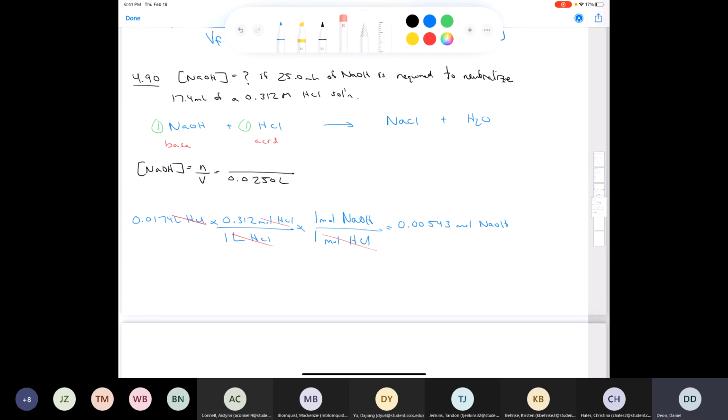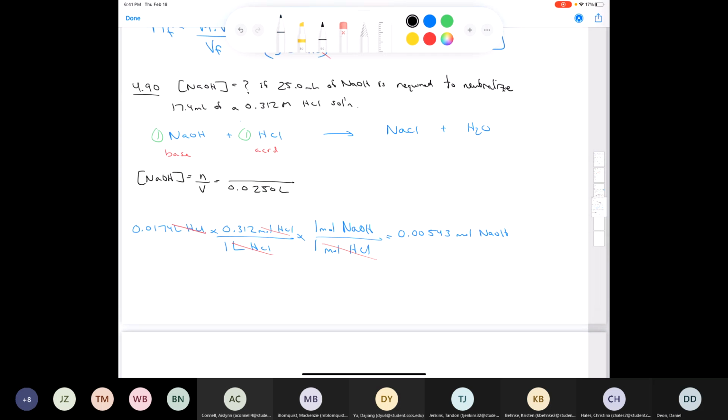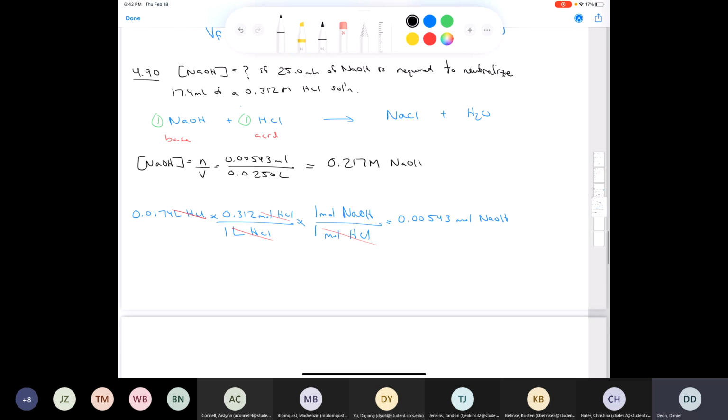So we'll put in our 0.00543 moles, divide by 0.0250 liters. That gives you 0.217 molar sodium hydroxide, and that is the final answer, like that. Did anybody get that one?